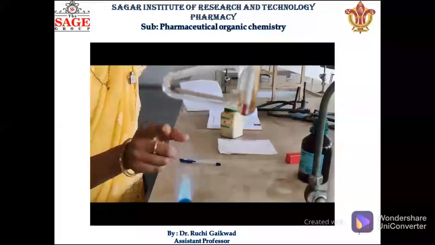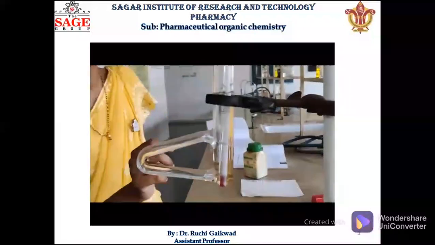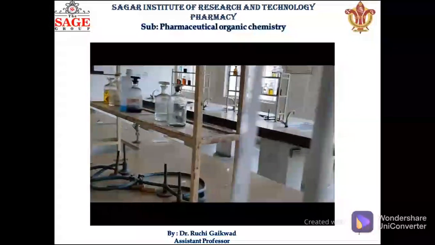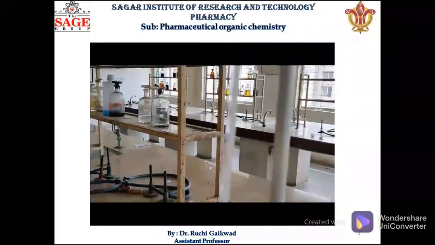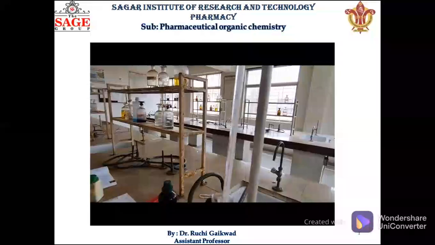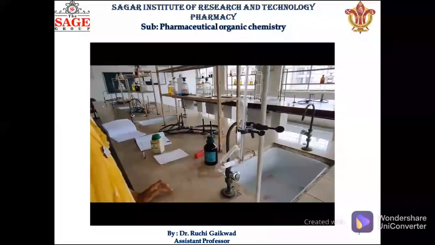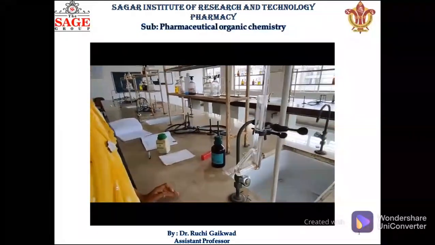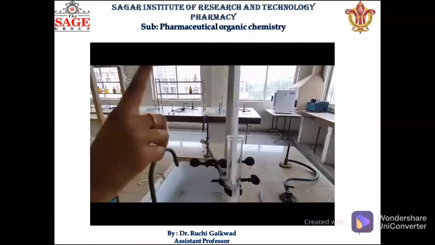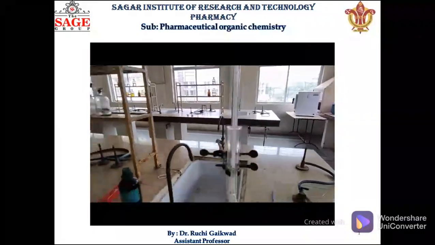So you can see that here the sample is slowly starting to melt. At what temperature? The temperature is about 80 degrees. Now students, you have seen this, the melting starts from 80 degrees Celsius and it ends at about 85 degrees Celsius.